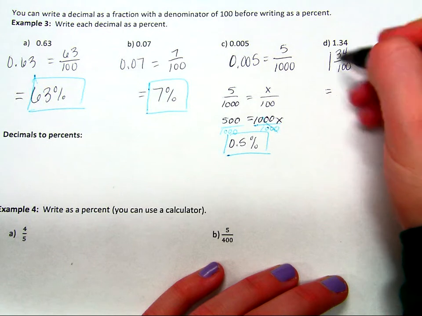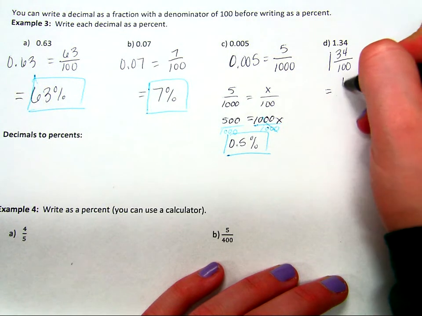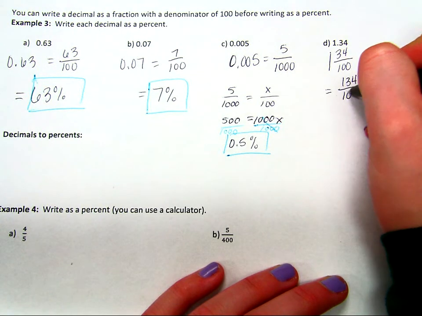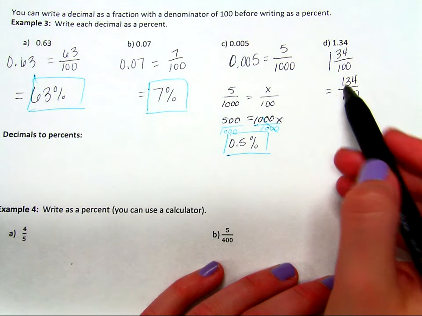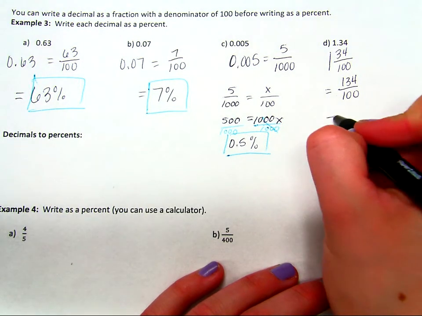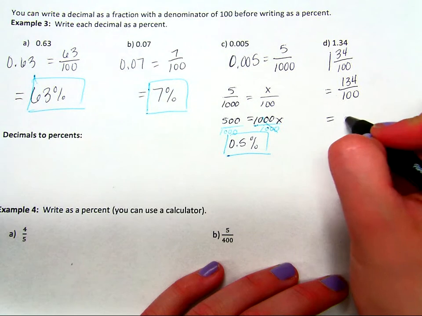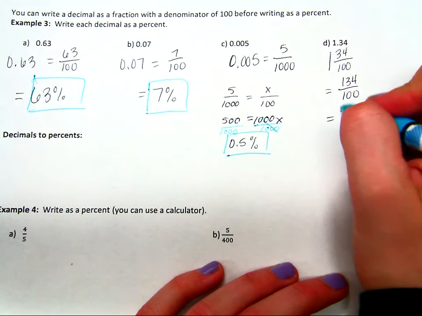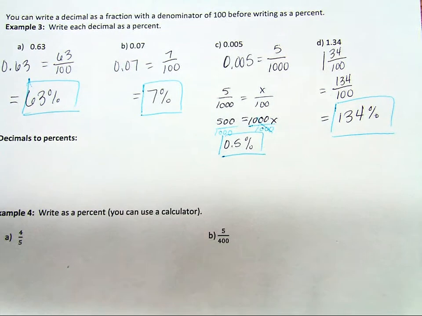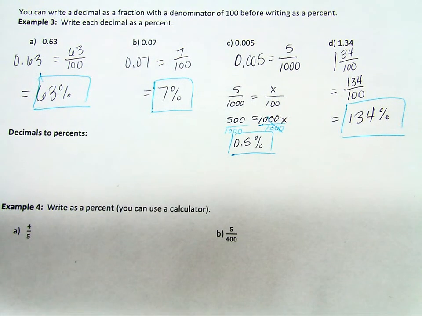So 100 times 1 is 100 plus 34, 134 over 100. Okay, so now I have a number over 100. So it's a ratio. I can say this is 134%, which is more than 1 whole. 1 whole would equal 100%.